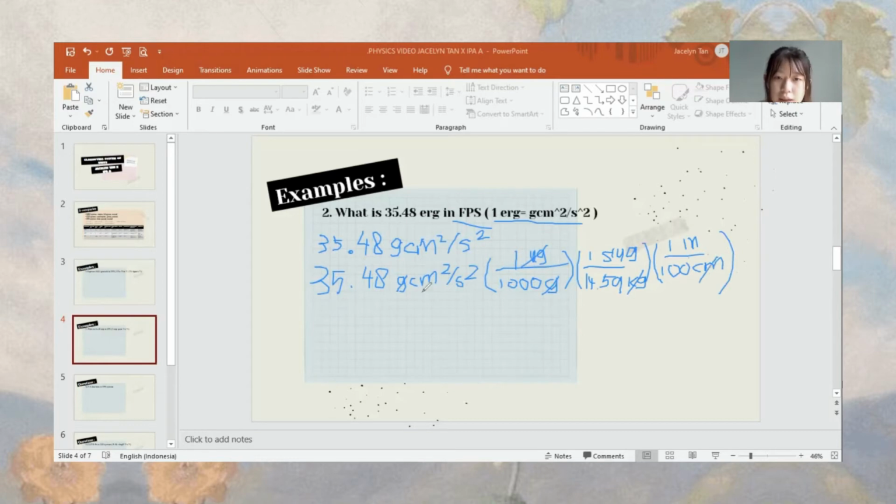So cancel. So it is squared. I will just write it down here. So we know that 1 meter is equal to 3.28 feet. So we will now cancel the meter, and this is squared. So we will just cancel.